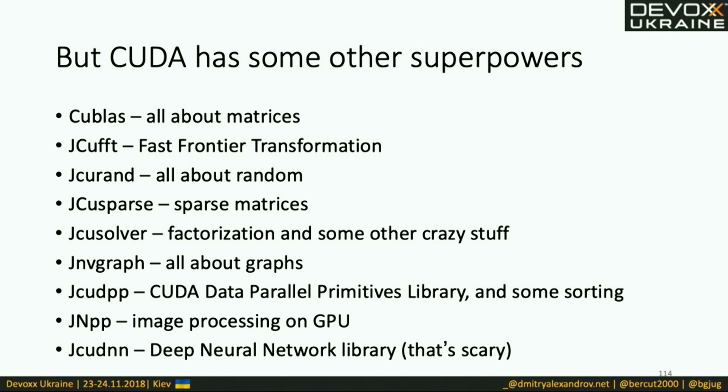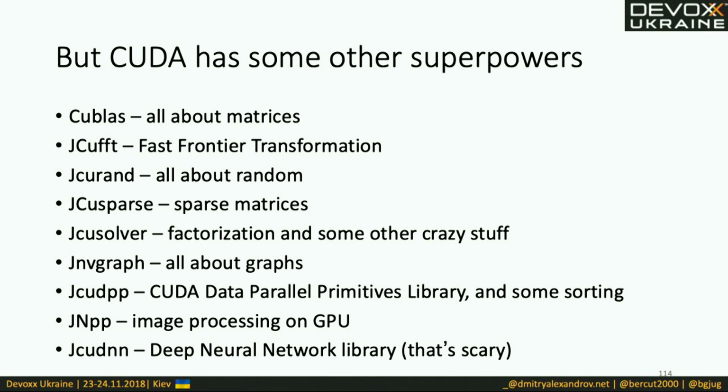Superpowers means that there are already some libraries available to Java, wrapped in Java, for special types of computations. For example, we have a library for fast Fourier transformations. We have sparse matrices, everything about them.